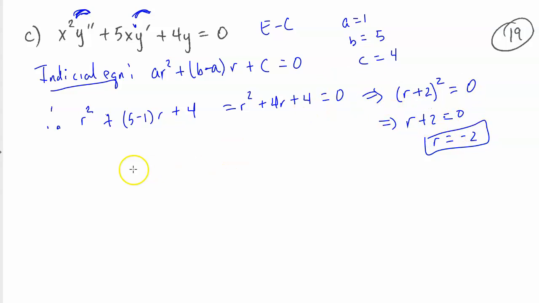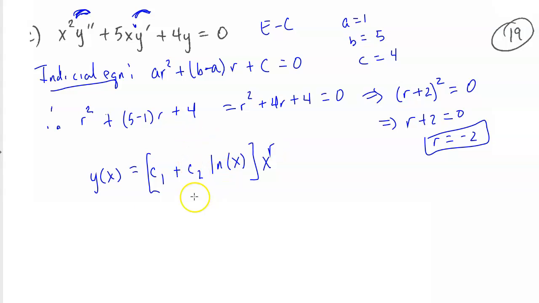And since it's the only solution that we have, we know that in general, our solution is going to be C1 plus C2 times natural log of x, and all that will be multiplied by x raised to the r.